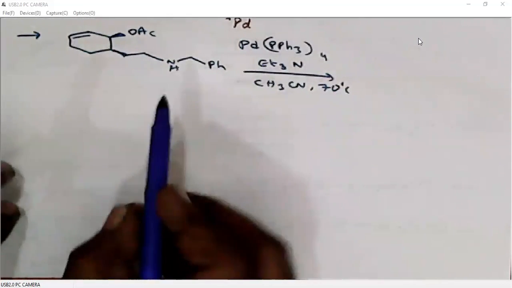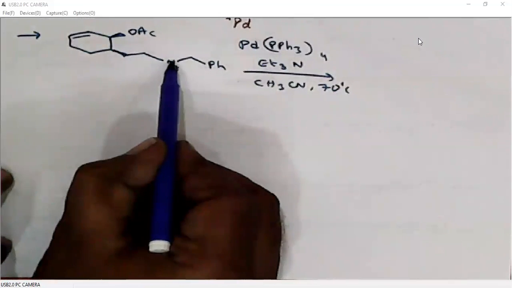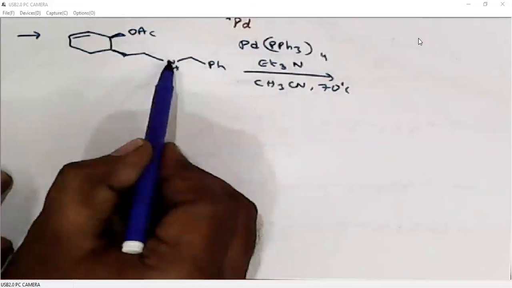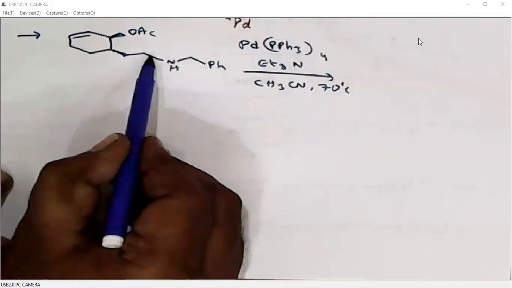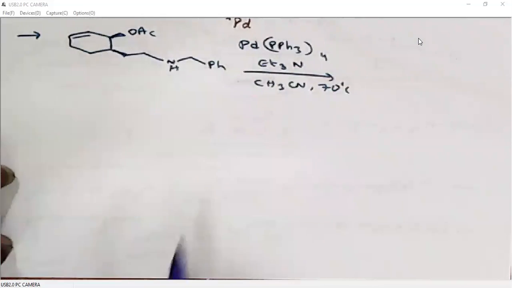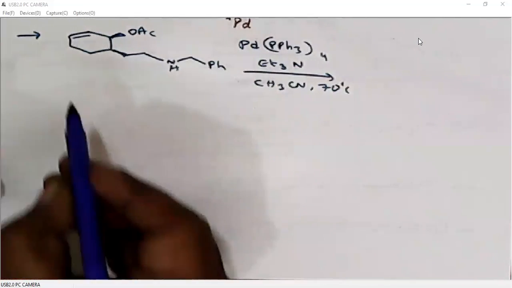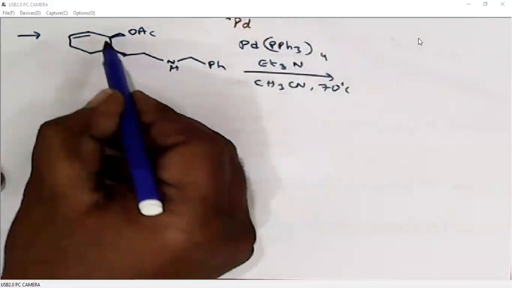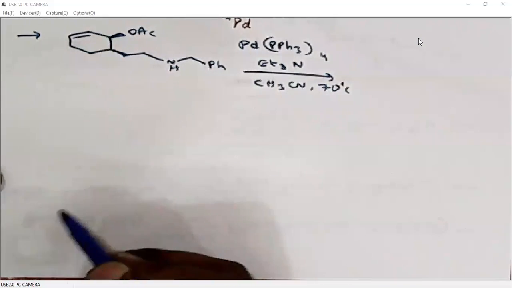When we look at this reaction, the nucleophile will couple with this carbon. When we count the ring size, 1, 2, 3, 4, 5-membered ring. As we know, these two groups are above the plane, so that means hydrogens are below the plane.